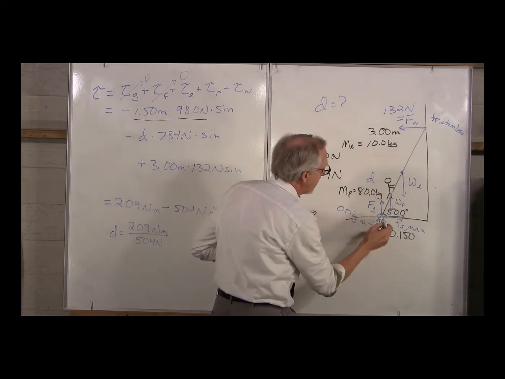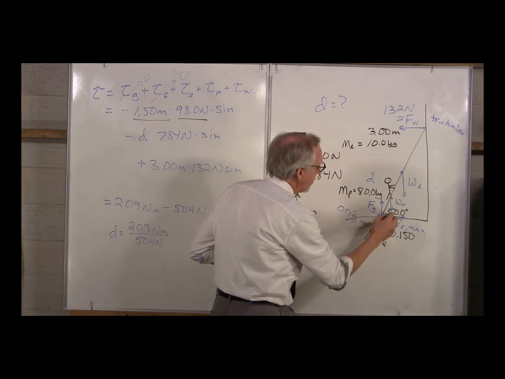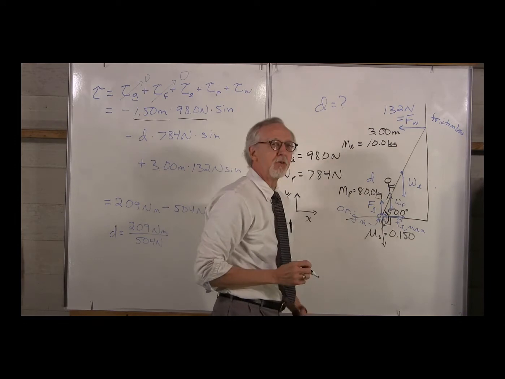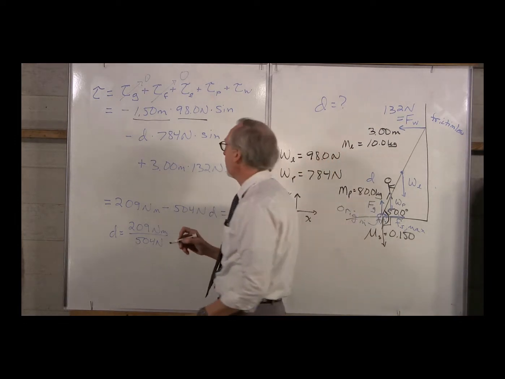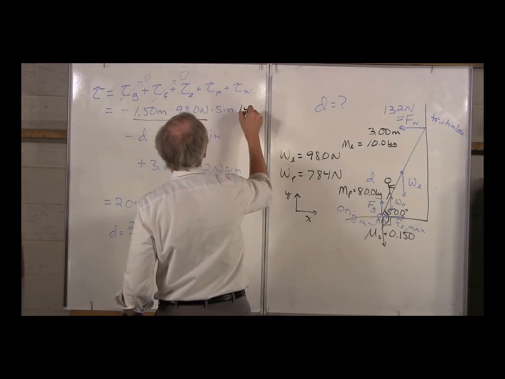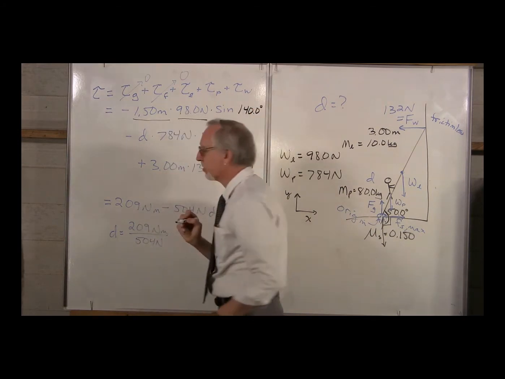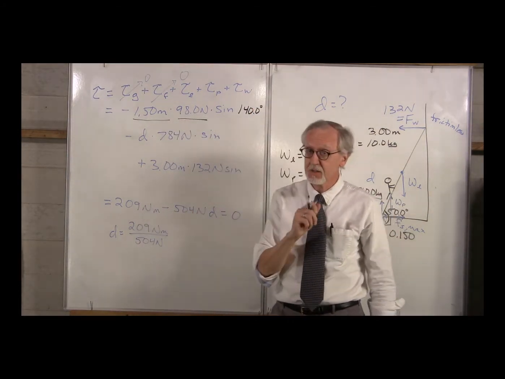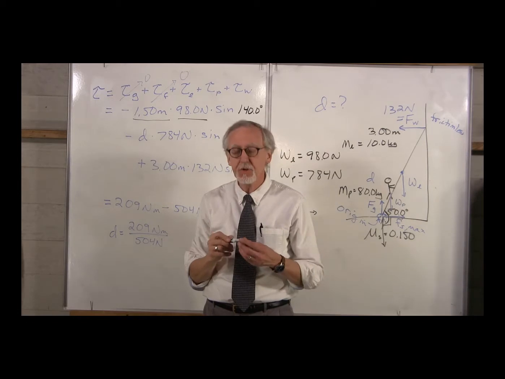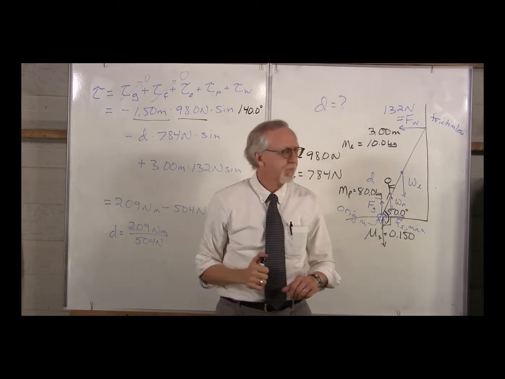I'll draw that in here. Here's the force. We want that angle, which is 50 plus 90 degrees, 140 degrees. Sine 140 degrees. Very good. That was a little tricky. You might want to go over that again if you are a little bit unsure about that.